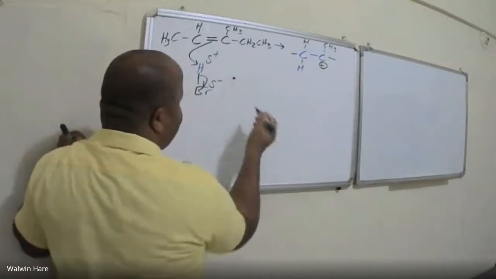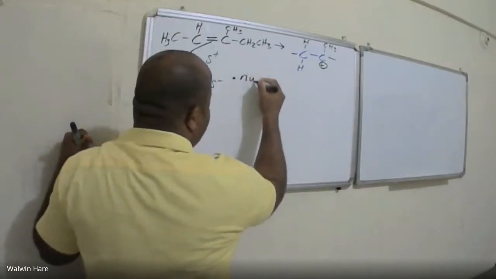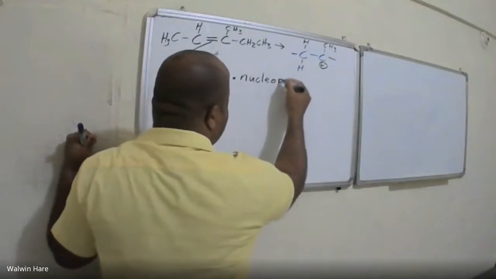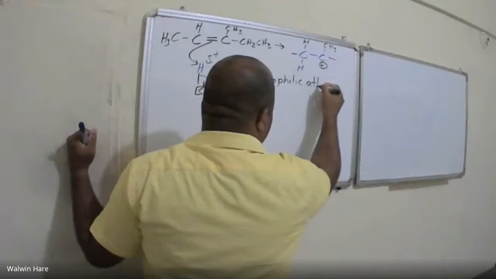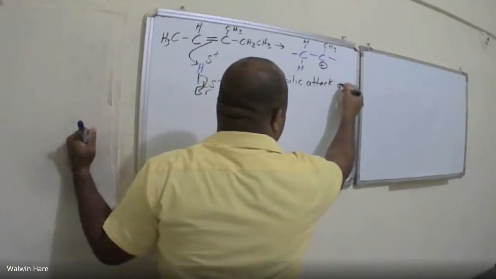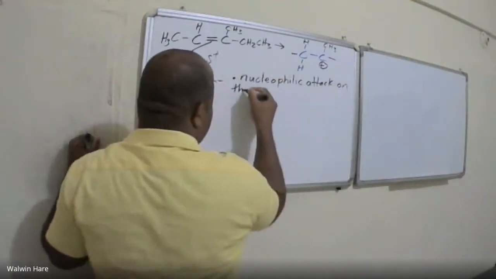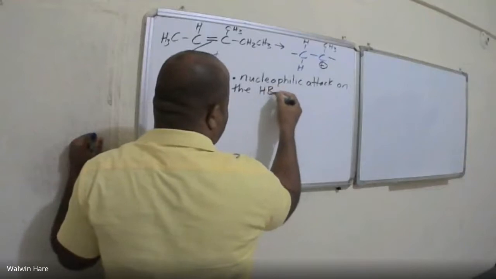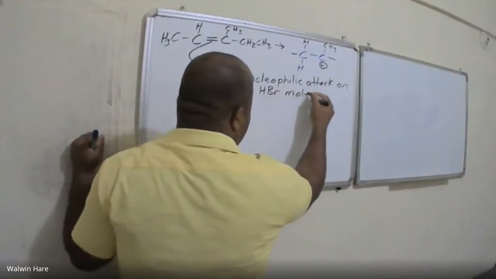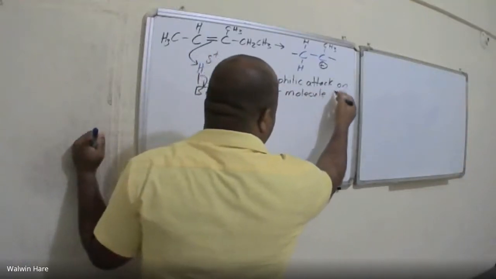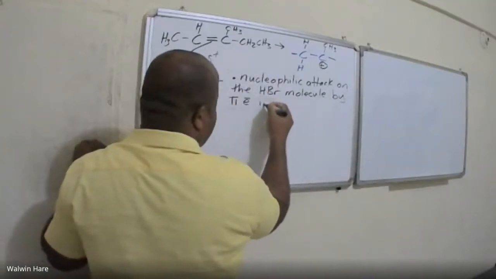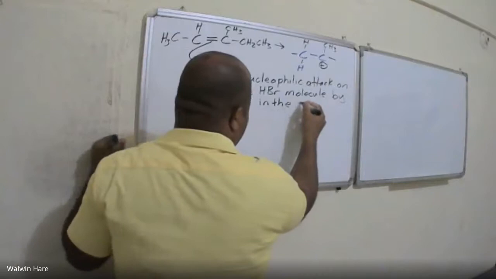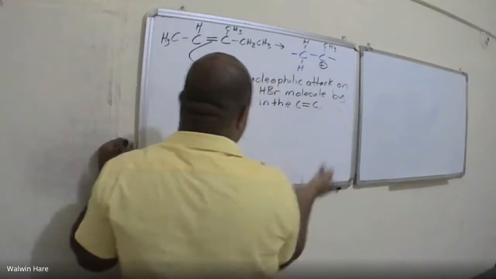So we have two things occurring. We have nucleophilic attack on the HBr molecule by pi electrons in the carbon to carbon double bond.